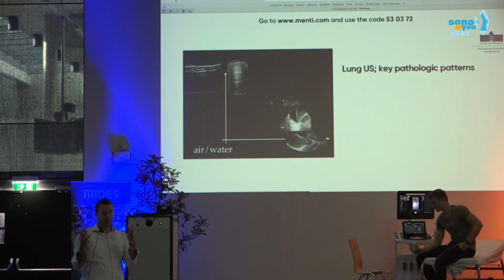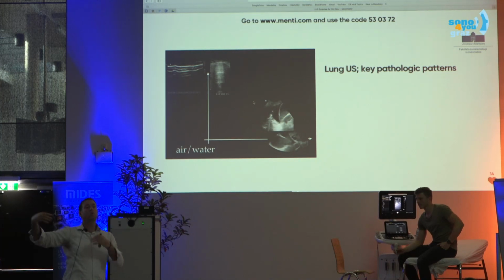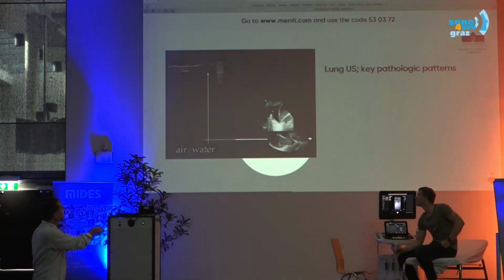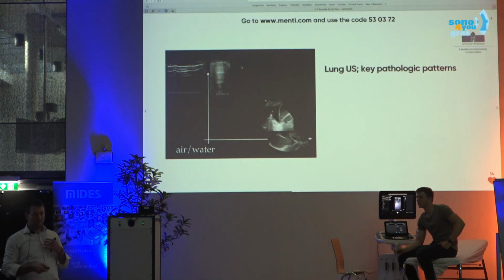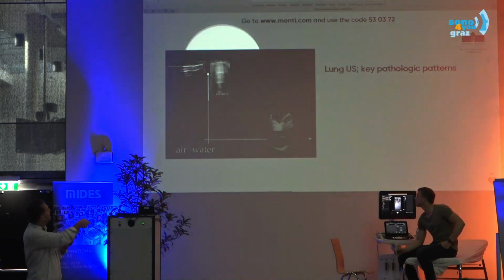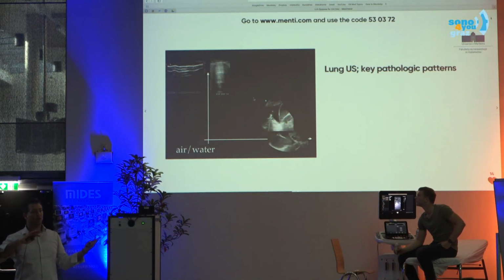In interstitial edema, only the interstitium is full of water. What would be the ratio? Where would interstitial edema go? Would it go down here or would it go up there? Up there. You agree? I think interstitial edema would be somewhere here. 50-50. A little bit water, a little bit air.